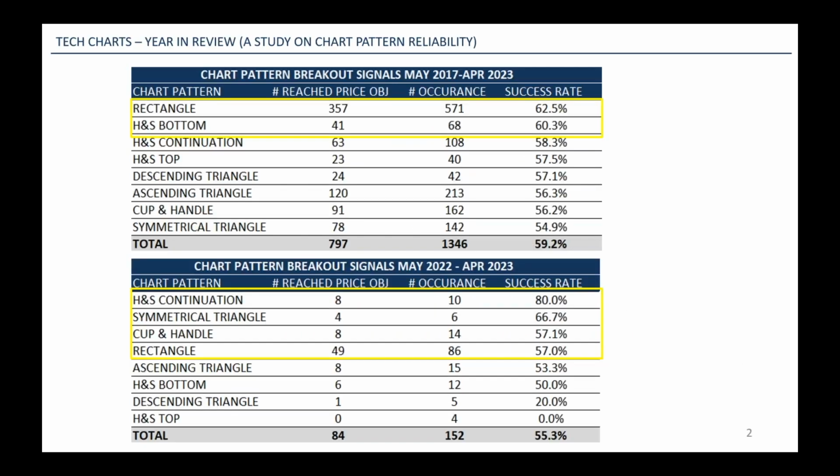All right, let's start with all the data. So the first table shows chart pattern breakout signals from May 2017 till the end of April 2023.